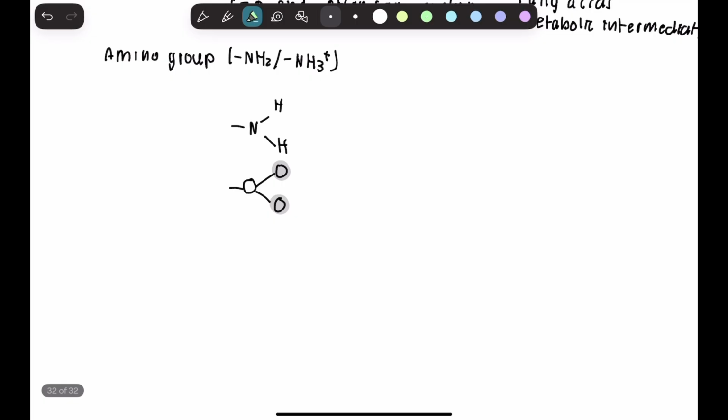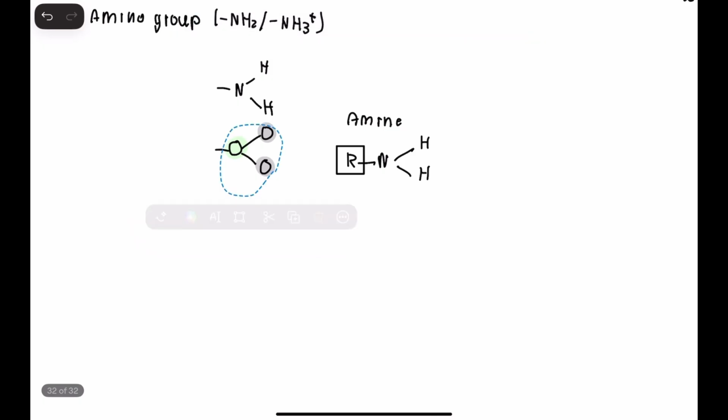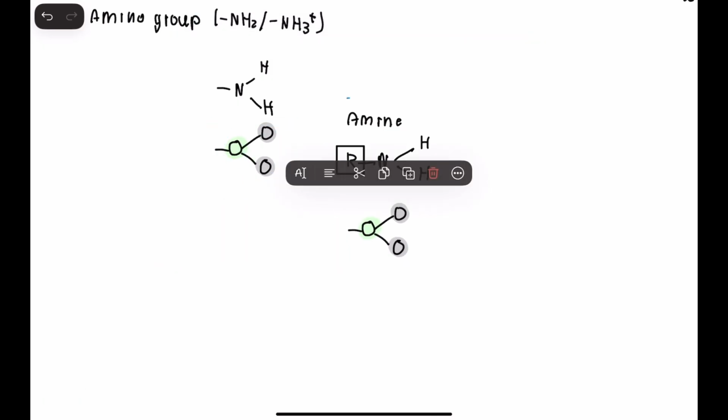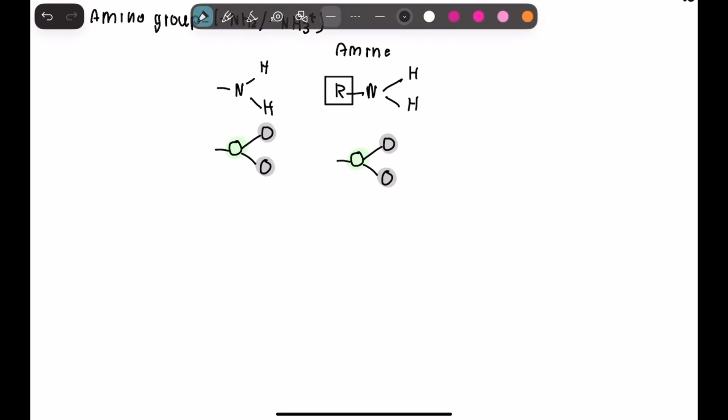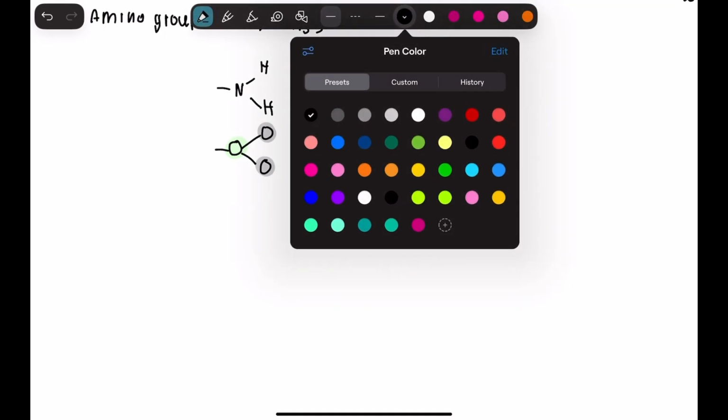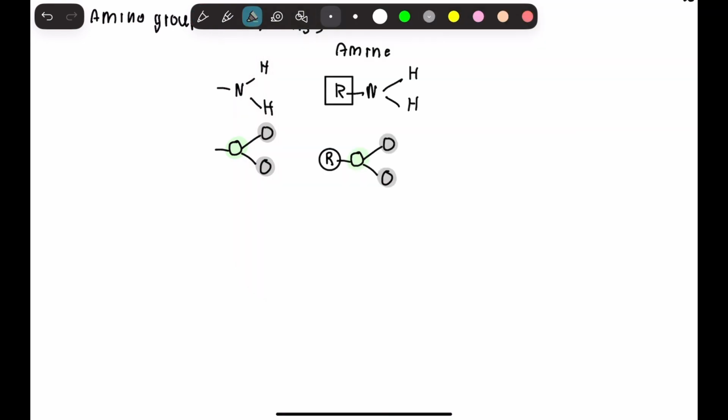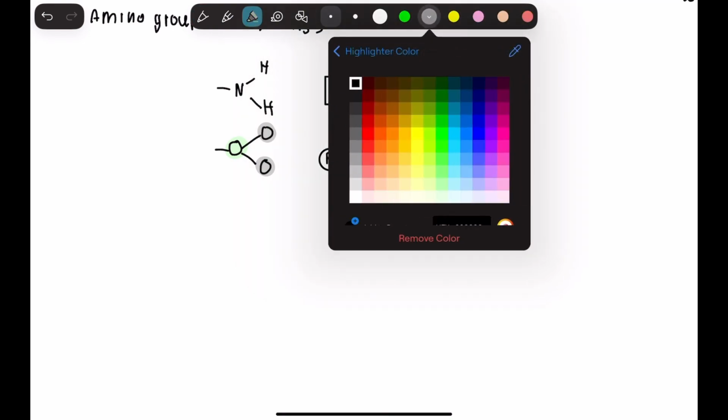If you have an amine, that's R, N, H, H, with the R off to the side.